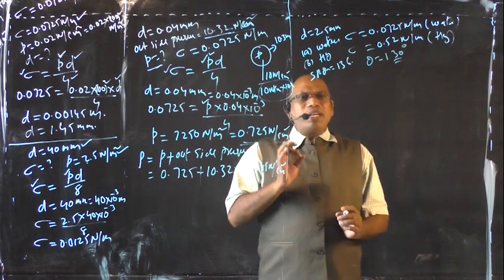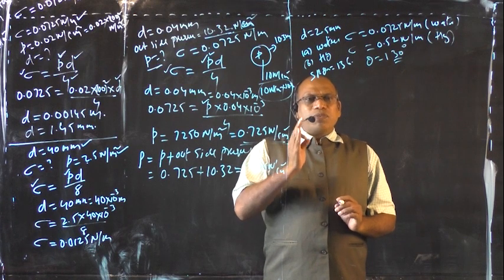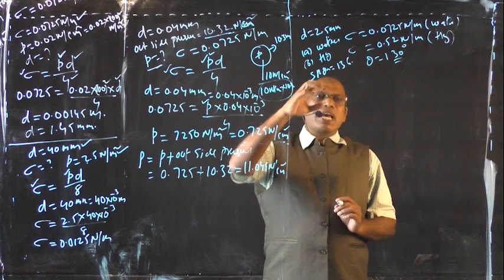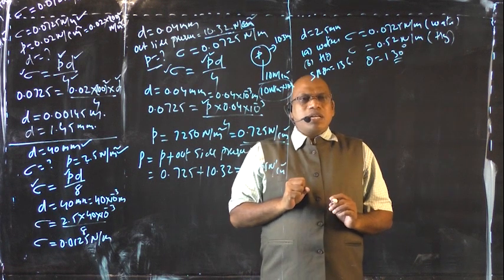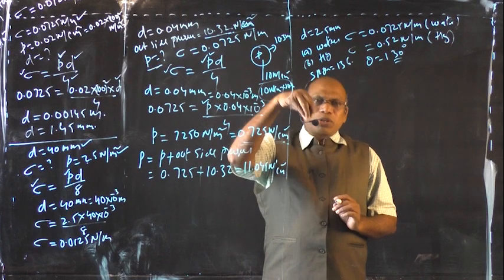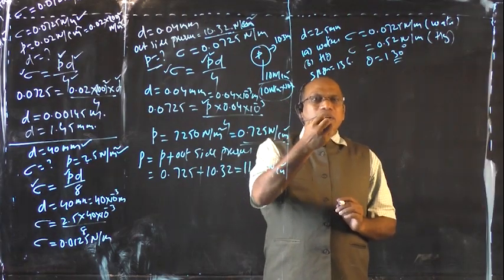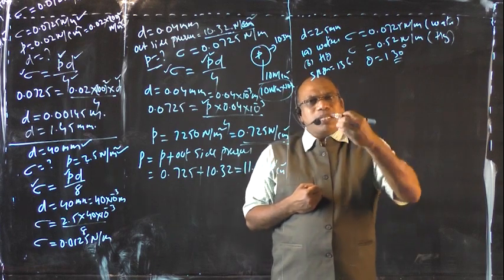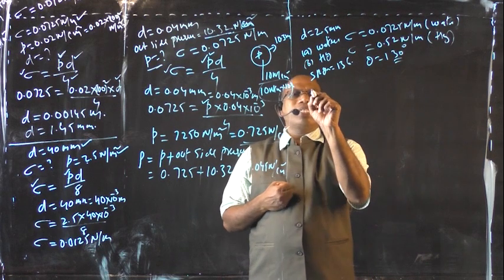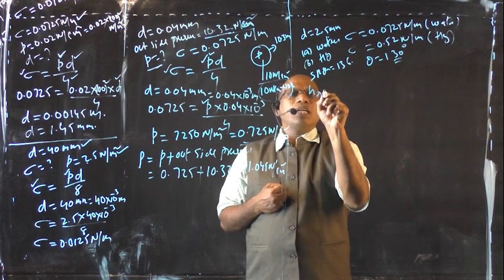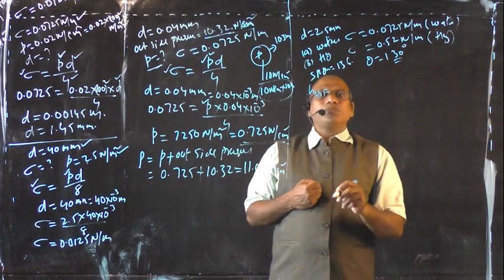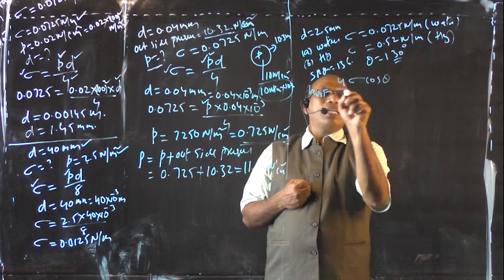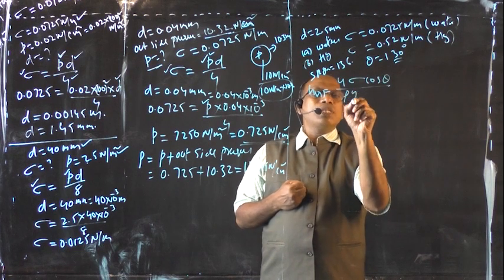But here I have derived one equation. If the glass tube is immersed in water, the capillarity rise H is given by an equation I have derived. If the glass tube is immersed in mercury, there is a capillarity fall. Now if the glass tube is immersed in liquid, the capillarity rise H is equal to 4 sigma cos theta divided by rho g d.